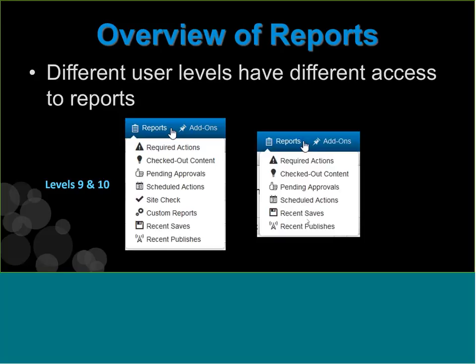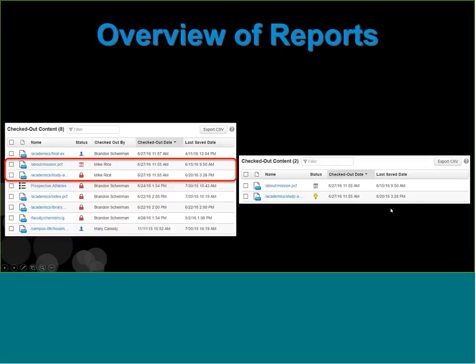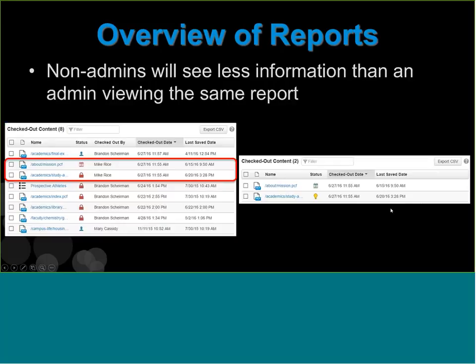If you're a lower level user, anyone from a level 0 to a level 8, you're going to see a couple fewer options. Pretty much the only ones that are missing entirely are site check and custom reports. But in addition to that, non-admins, so anyone who's level 0 through 8, will see less information than an administrator viewing the same report.